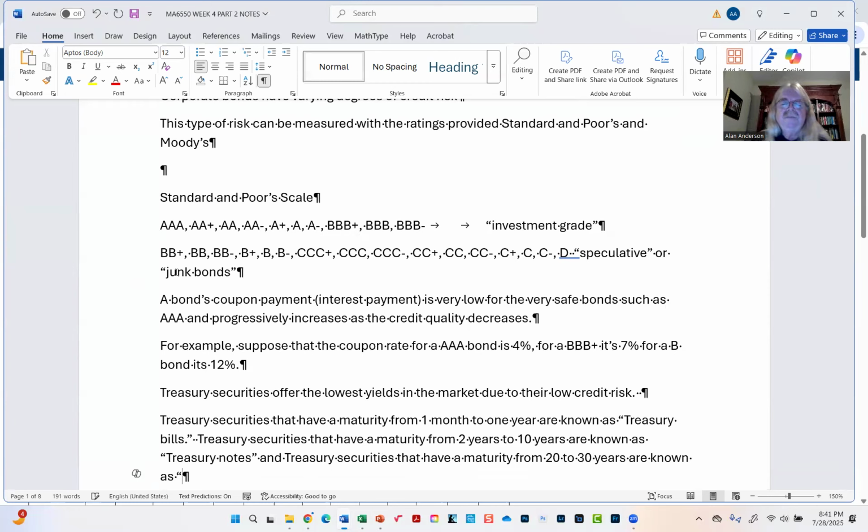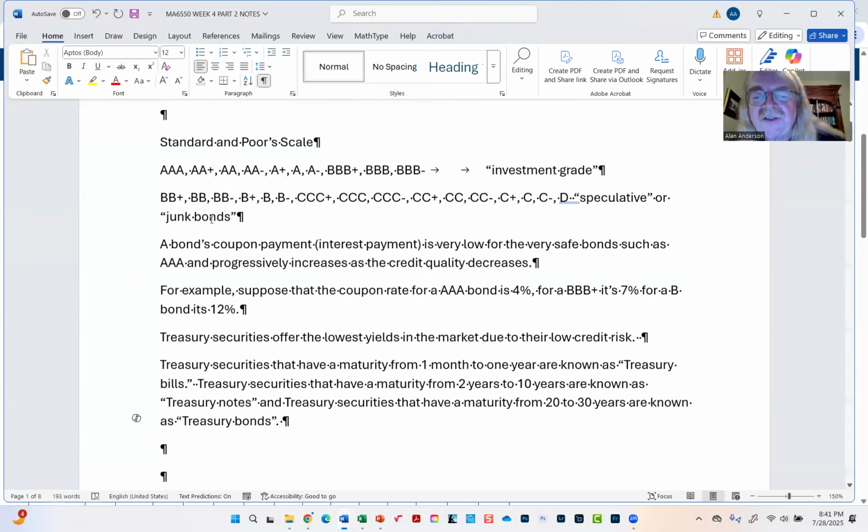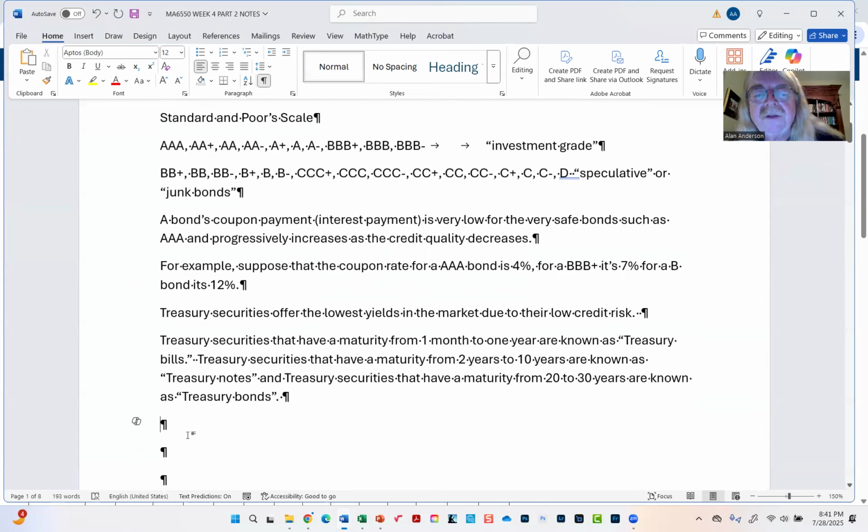If you read an article in the Wall Street Journal, for example, they're going to be very precise about how they refer to these. They won't make any mistakes here. For a treasury note, they'll actually call it a treasury note. For a treasury bill, they'll call it a treasury bill, and for a treasury bond, they'll call it that.